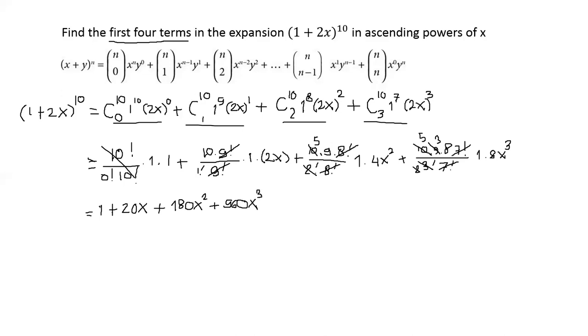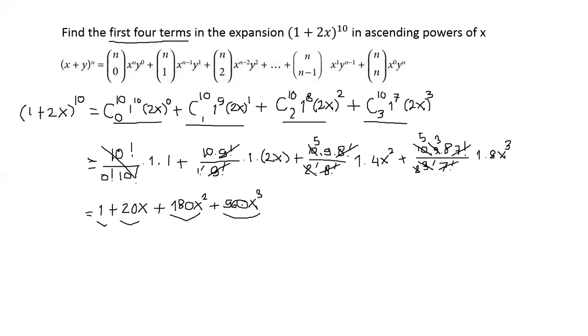Now look. This is the first term, second term, third term, and fourth term. So for the expansion of (1 + 2x)^10, the first four terms are 1, 20x, 180x squared, and 960x cubed.